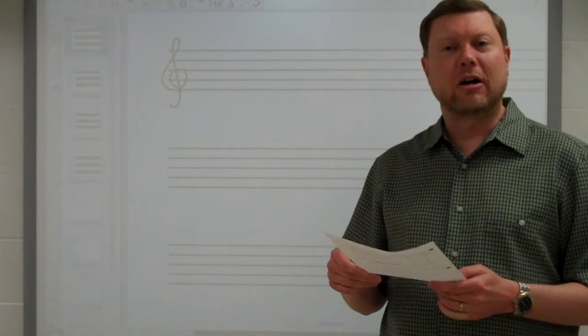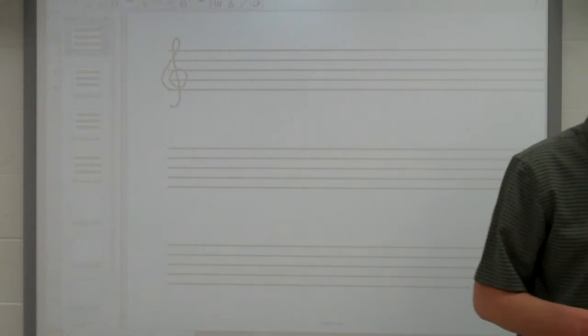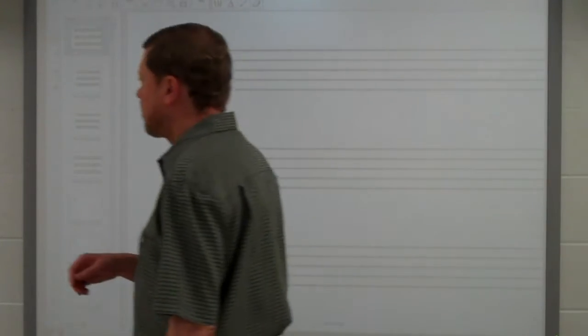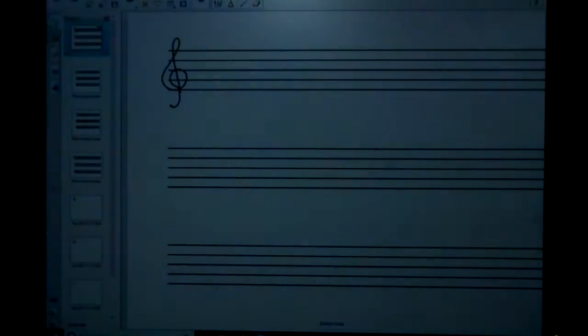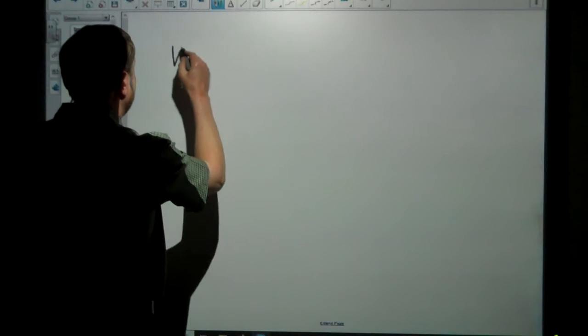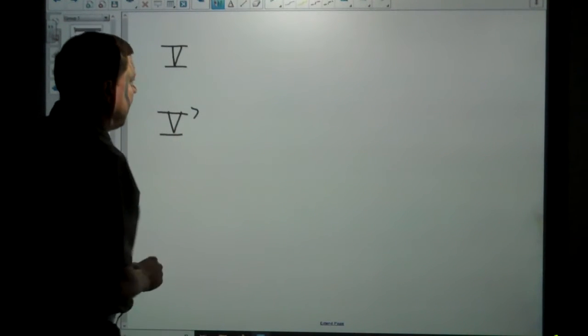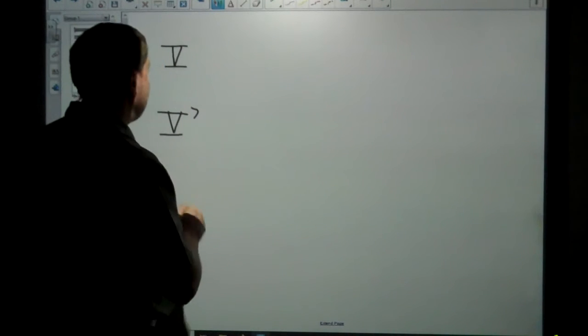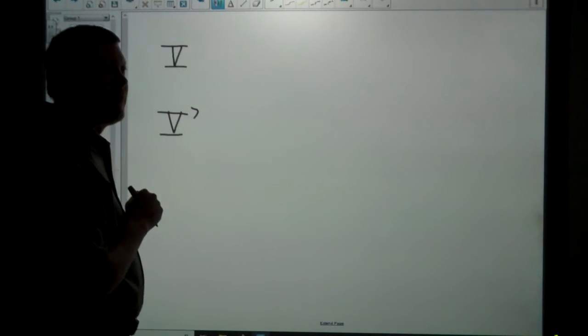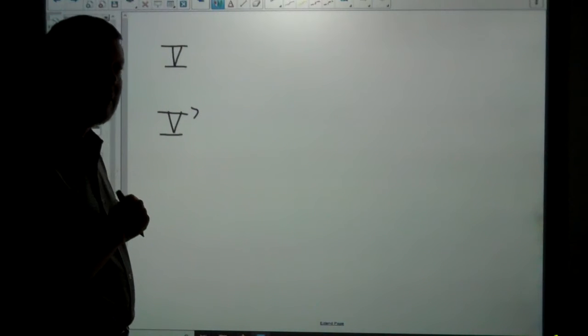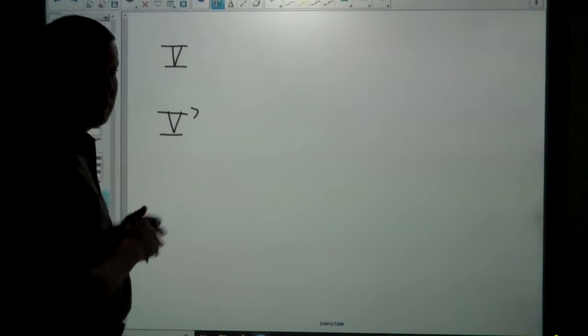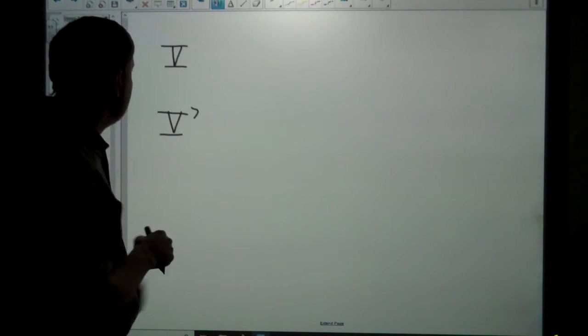In other words, it resolves to a harmony that is not tonic. So, for example, if I have a 5 or a 5/7, as long as that 5 or 5/7 is a 5 or 5/7 of a chord that is not tonic, then we would call them secondary dominants.